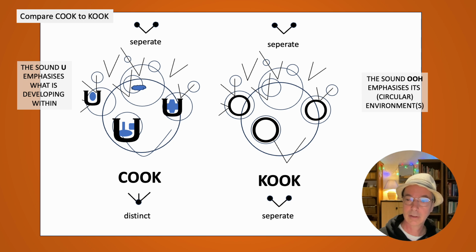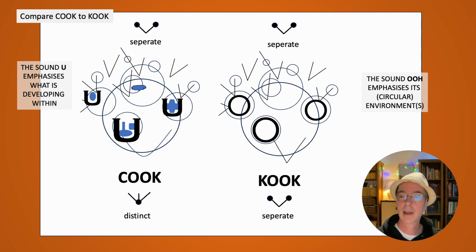The sound O emphasizes separate environments, separate conditions. It is two environments that we will create, the before and after, and the timing in between. That's what the O as a letter and as a sound means.